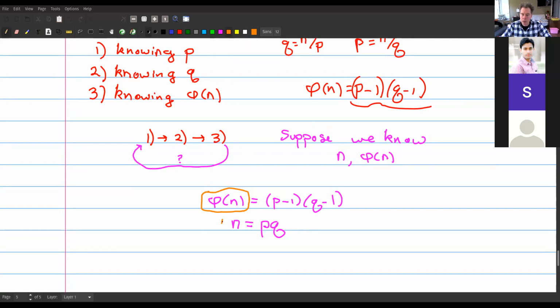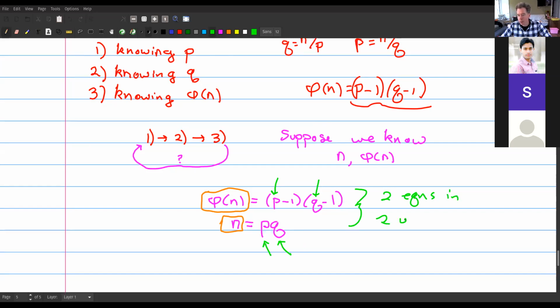That's known, and that's known. So the only unknowns here are P and Q. So I have two independent equations and 2 unknowns. Can you solve that? It's not that hard. 2 equations and 2 unknowns can be solved.